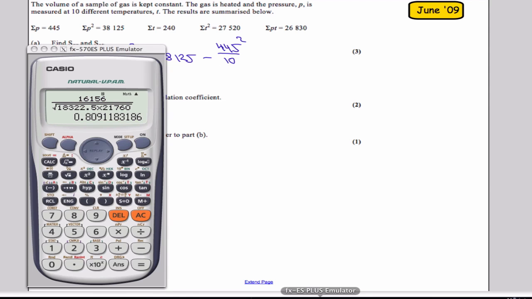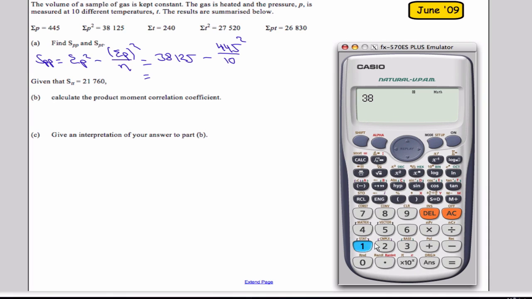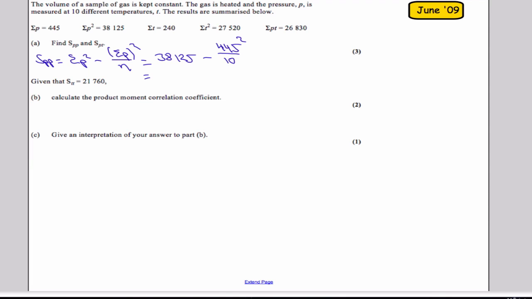Let's plug this into a calculator: 38125 minus 445 squared all over 10 gives me 18322.5. I prefer not to round at this point because in part B I'm going to be asked to calculate the PMCC, so I don't want to lose any accuracy.